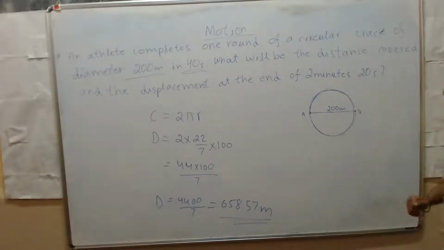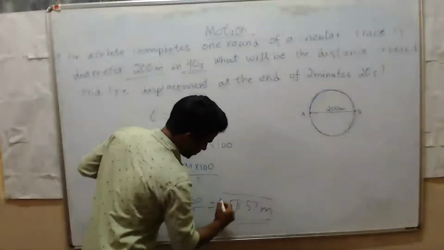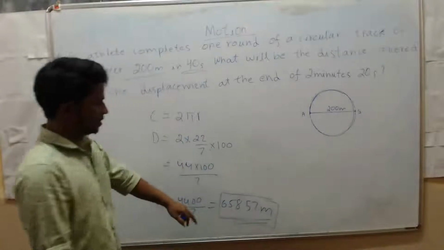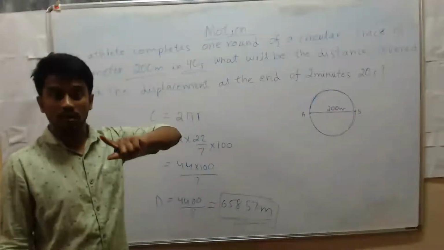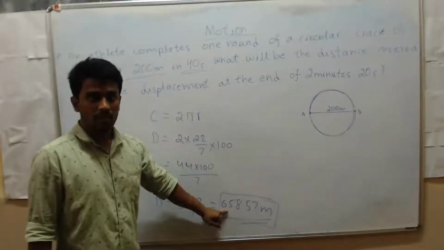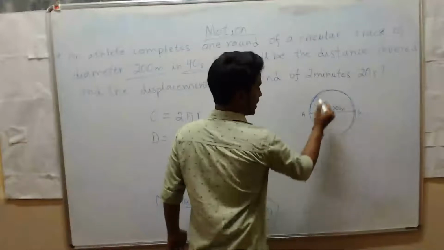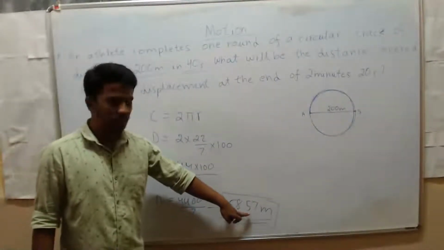So now that athlete will complete this distance. Why? Because here they have said an athlete completes one round. So here one round is equal to 658.57, right? Because this circumference, the length of the boundary of that circle, is equal to 658.57 meter.